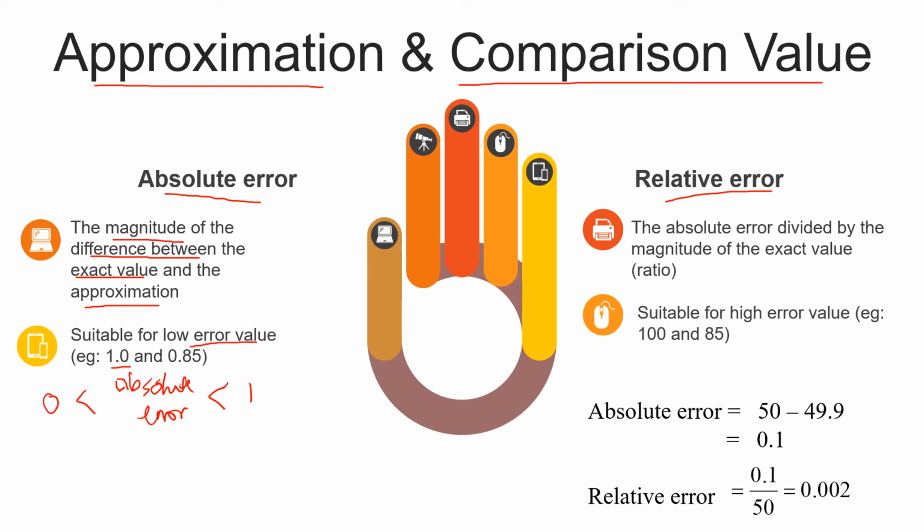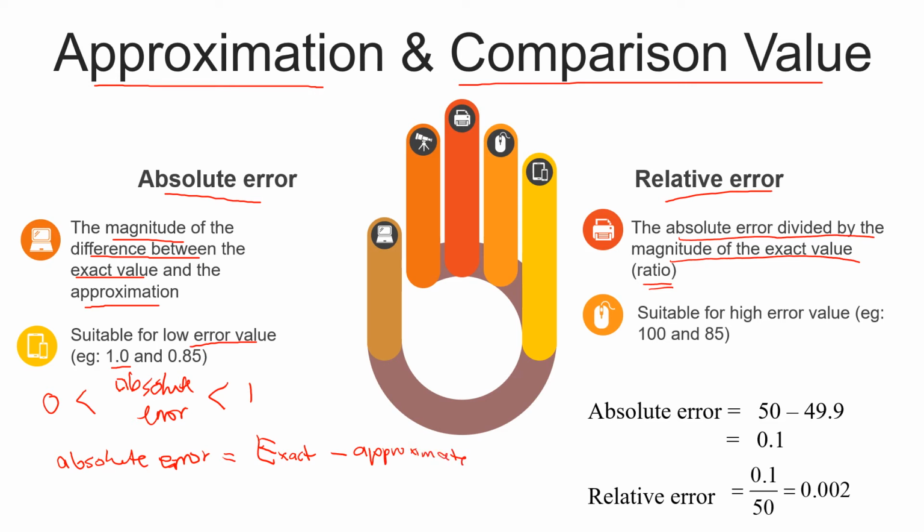Untuk relative error, dia adalah absolute error divided by the magnitude of the exact value ratio. Bila kan ni tadi ni adalah difference. Okay, dia adalah perbezaan. Okay, untuk absolute error tadi, absolute error dia adalah perbezaan exact value, exact ataupun actual tolak dengan approximate.